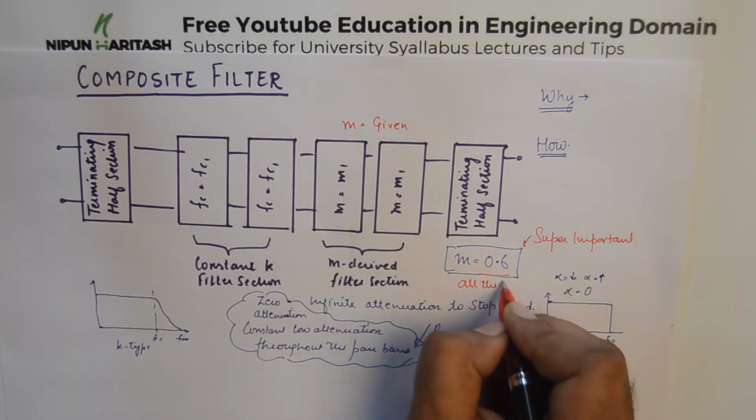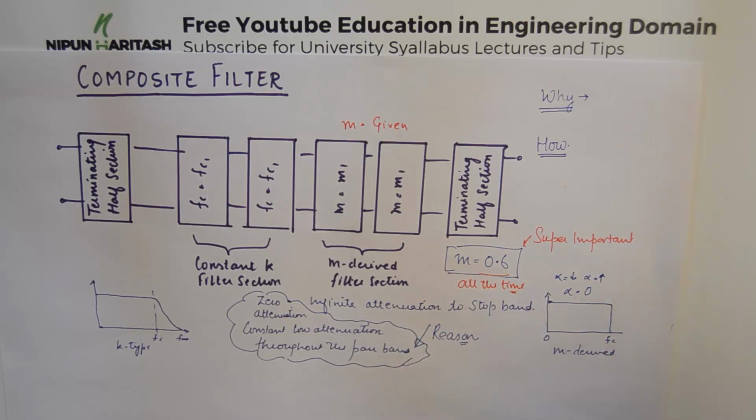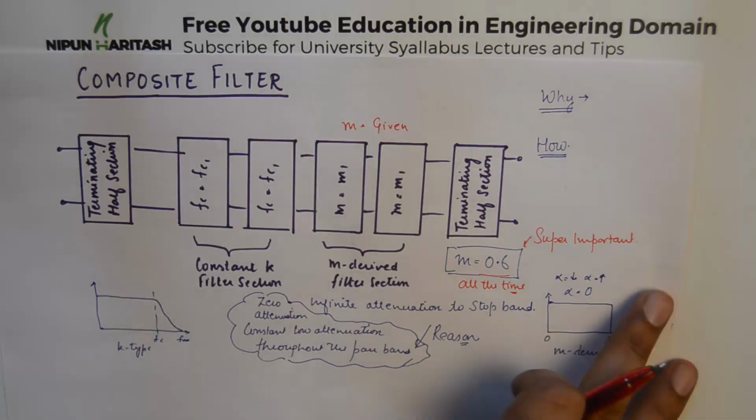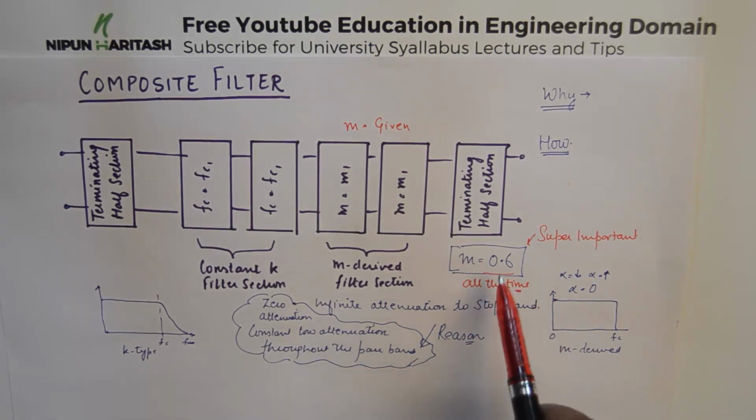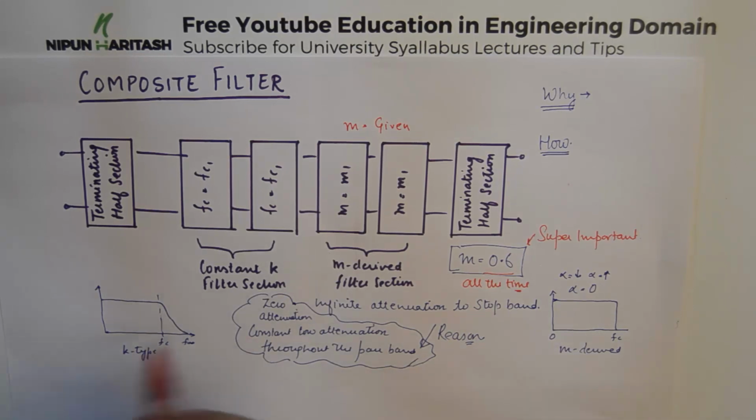I do not know the exact reason why it is kept to be 0.6, but the rationale is that if you use M equal to 0.6, it'll keep the variation of attenuation in the passband to be the lowest. There will be no variation of the attenuation. Having said that, let's try and understand how this is made.